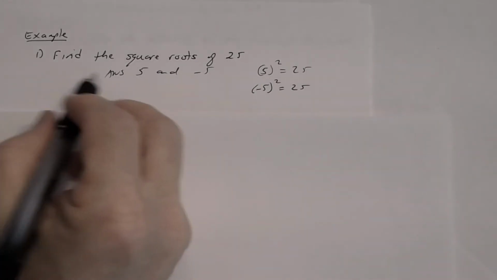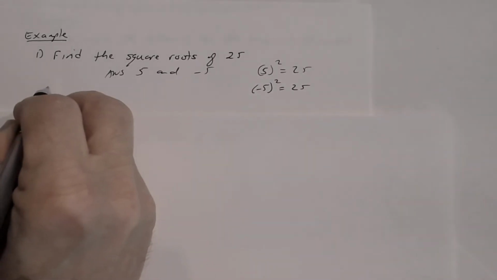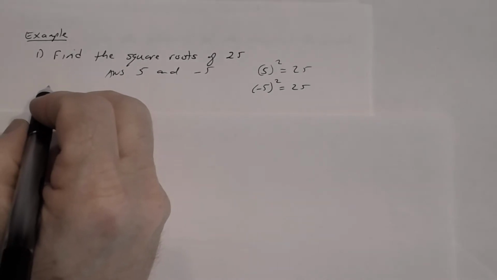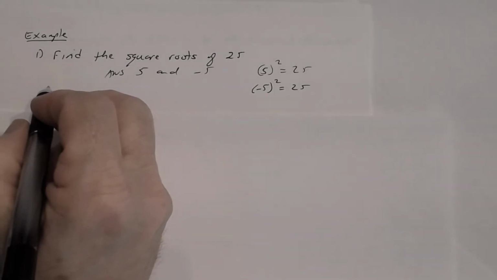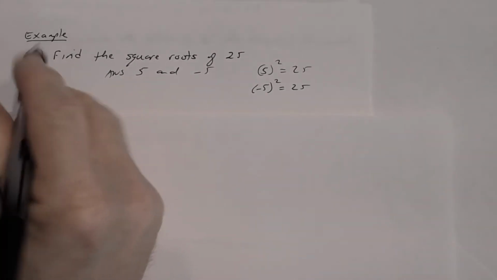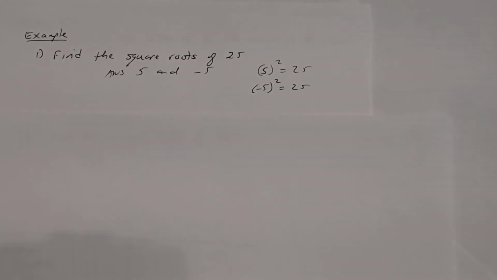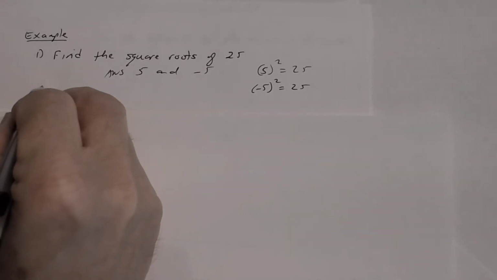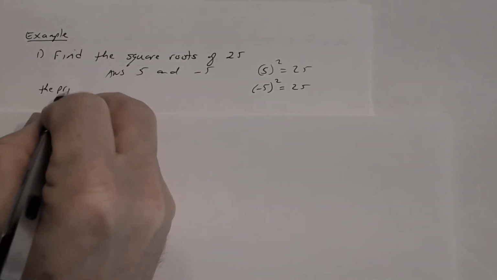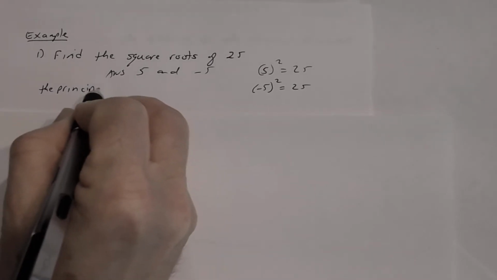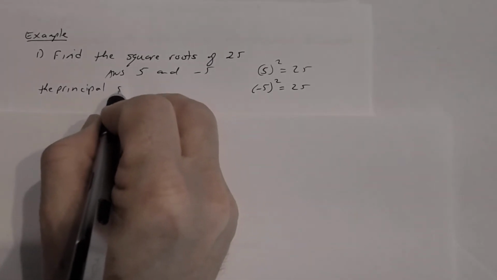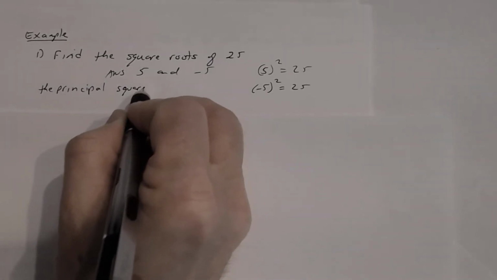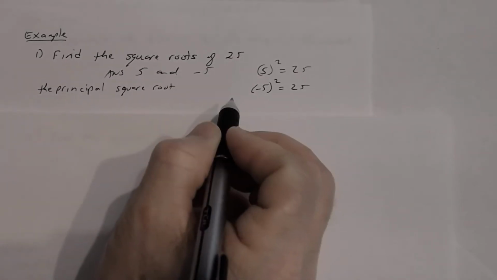Now, I just want to make this point, though. You see that 5? I need you to go back to the terminology that we used earlier. The principal square root is which one?